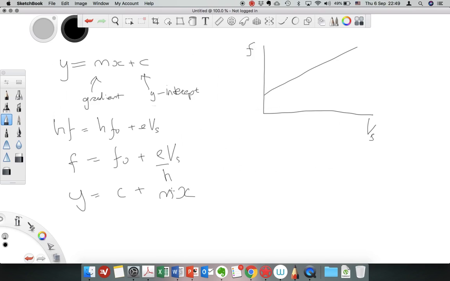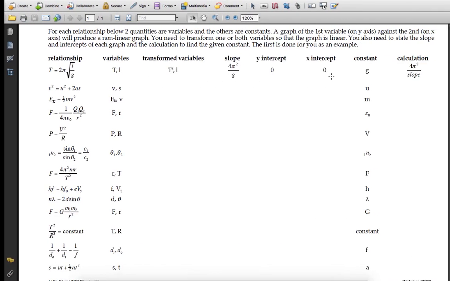The gradient, m, will be e divided by h, and c, the y-intercept, will be f0. So if we plot f against Vs, it should give us a straight line. The y-intercept should be f0 and the gradient should be e over h.